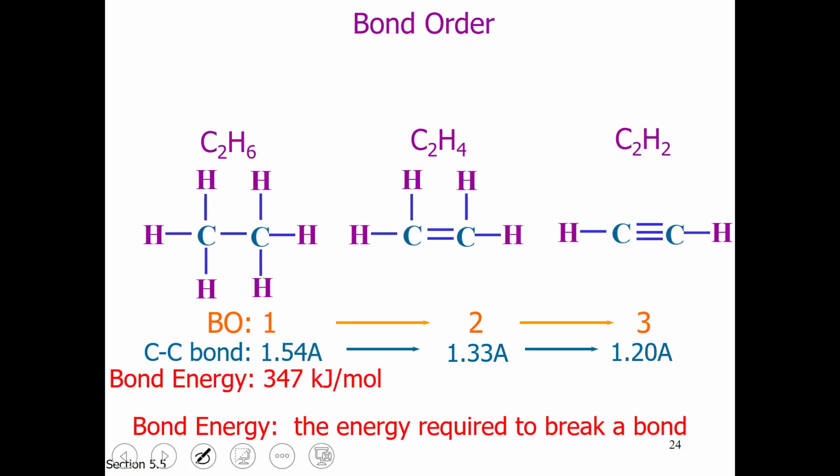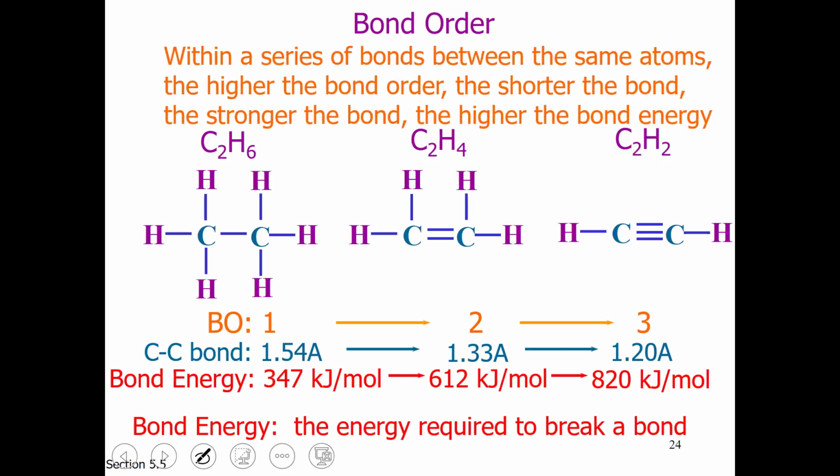For a carbon-carbon single bond, it takes 347 kilojoules per mole to break that bond. It takes 612 kilojoules, more energy, to break a double bond, and 820 kilojoules, which is more energy still, to break a triple bond. So, within a series of bonds between the same atoms, the higher the bond order, the shorter the bond, the stronger the bond, the higher the bond energy.